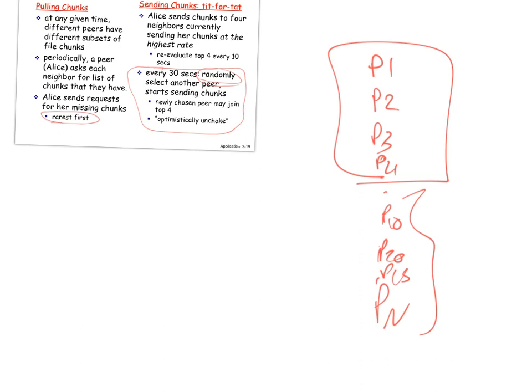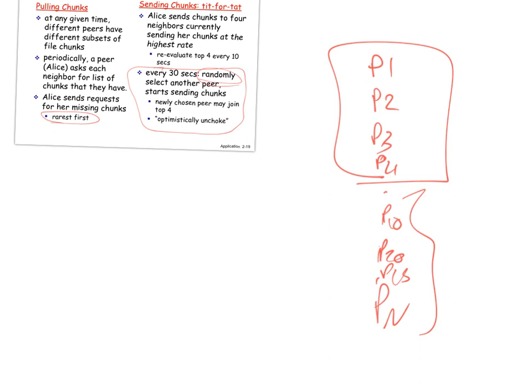Only 4 peers. That means all the time they are serving. Yes. But remember here, there's one thing that may change the fact that not every time I have the same 4. What will change it? The one who has the rarest chunk.